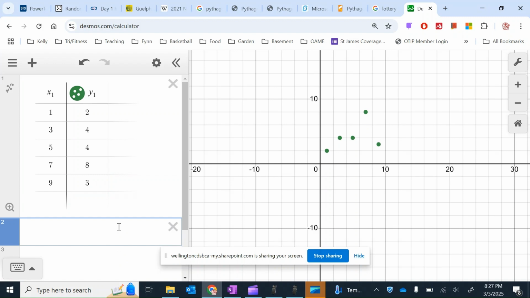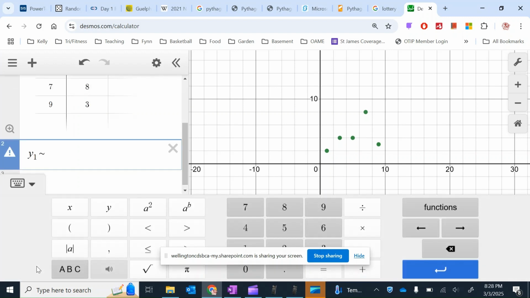If you go to your linear regression formula that I gave you, in Desmos it is y1, as in you're telling Desmos to look at the y1 numbers. Then we're going to put in that little swirly line, which is the tilde. I don't know where it is on your calculator, but you're going to have to go to, like, when you're here, you have something that looks like this.